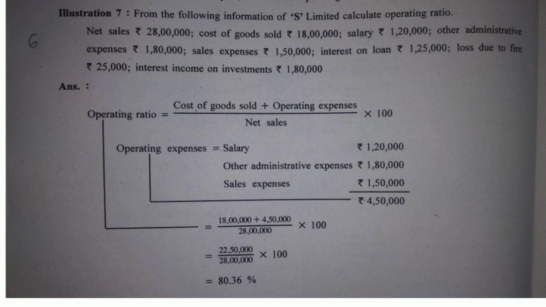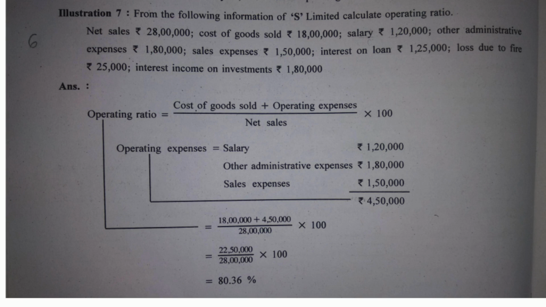It says operating expenses equals salary 1,20,000, administrative expense 1,80,000, sales expense 1,50,000, and operating expenses is 4,50,000.